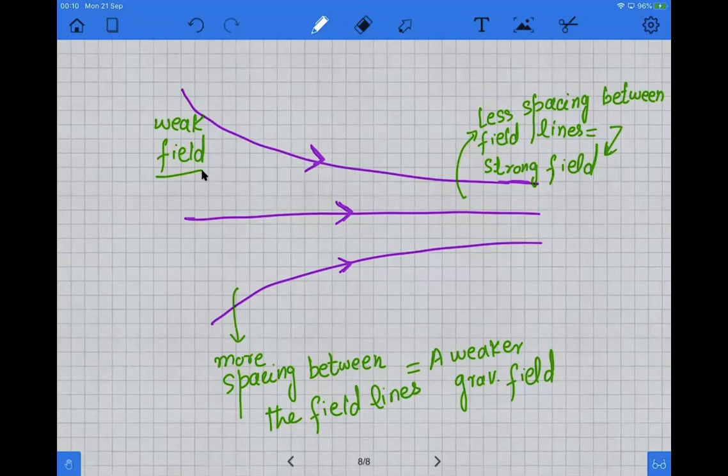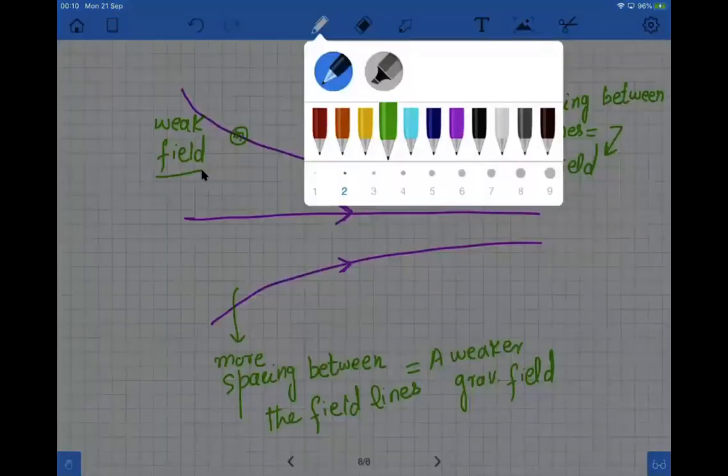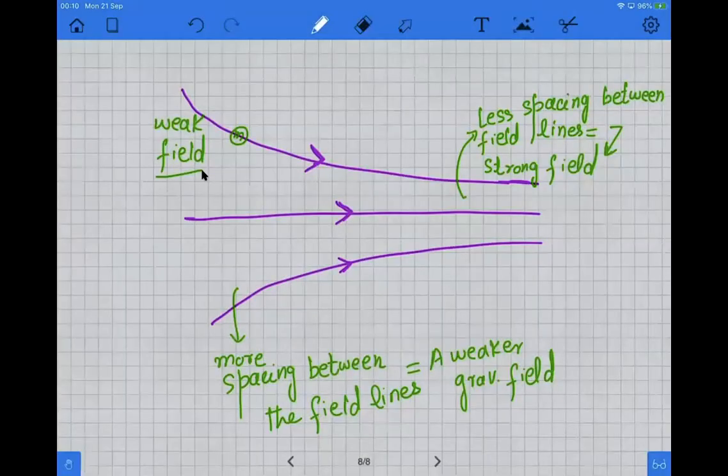Now let's suppose you have a mass m here. What will be the force on this mass? If the gravitational field lines are curved and they are not straight lines, then the force is tangent to the lines. If you draw a tangent here, this tangent in the direction of the field will represent the gravitational force.